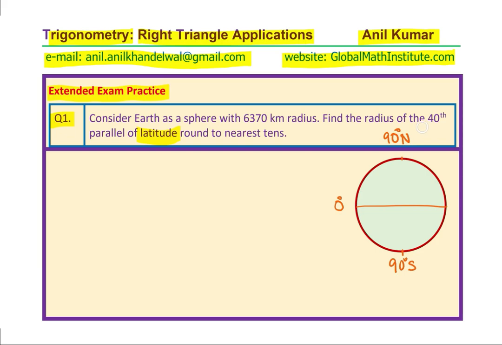In the question, we are asked to find the radius of the 40th parallel of latitude, rounded to the nearest tens. The 40th parallel really means that it makes a 40 degree angle with the center, somewhere like this. So what we are considering here is a latitude like this, making an angle of 40 degrees.